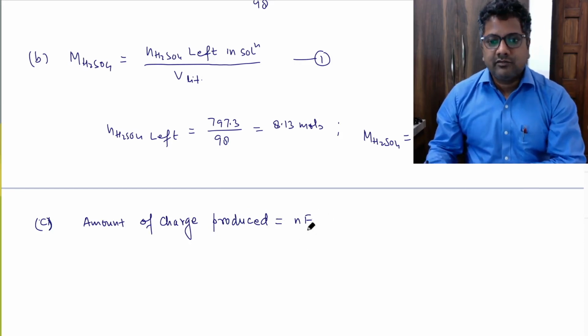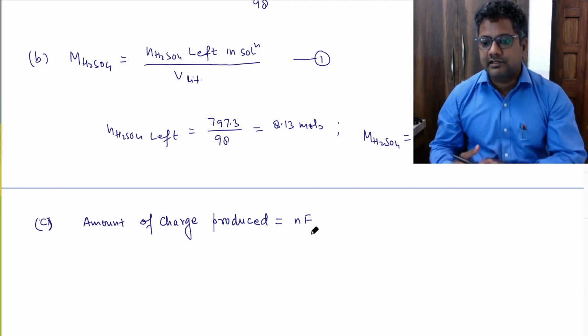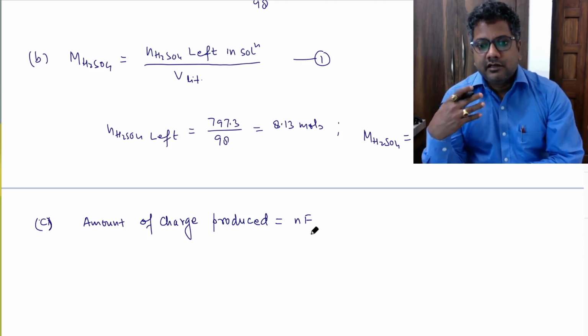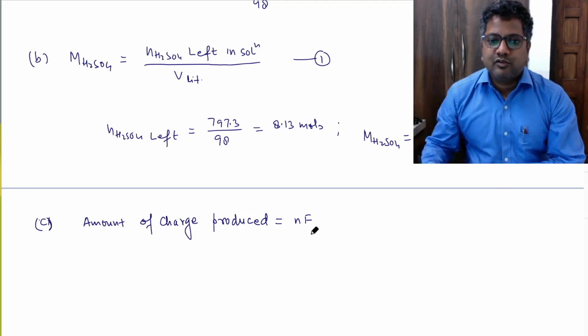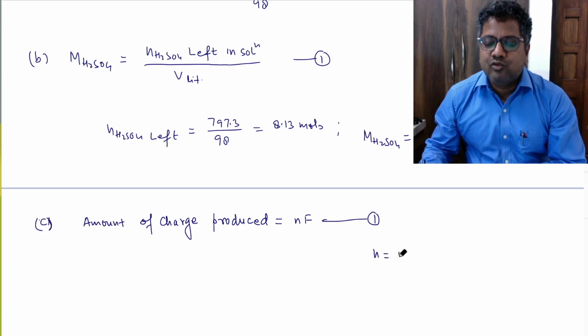N is the moles of electrons, and F is the charge on 1 mole of electrons. So N is the moles of electrons involved in the discharging process.